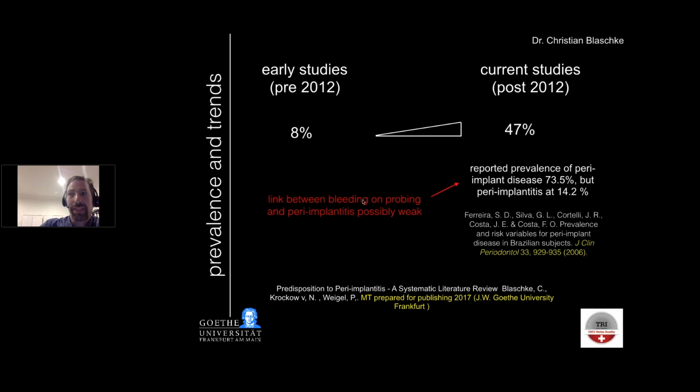The link between bleeding and proving a peri-implantitis due to these findings is a bit disputed at the moment. Suppuration, yes. Bleeding is probably more linked to peri-implant disease, not always peri-implantitis. However, it is still part of the definition to date.